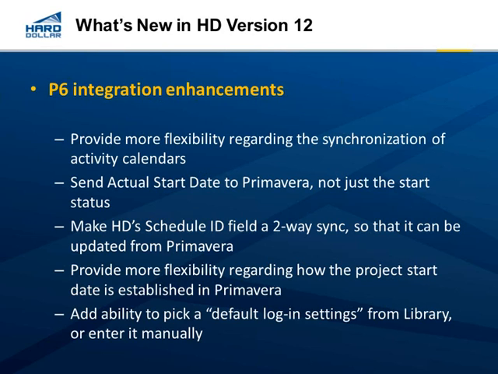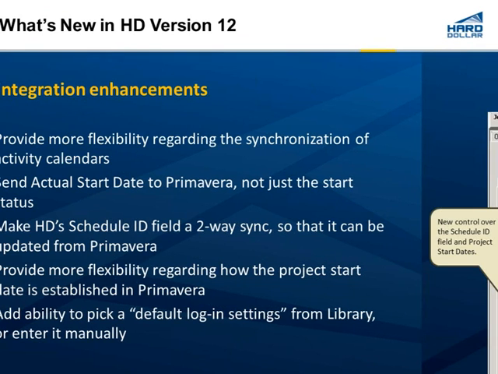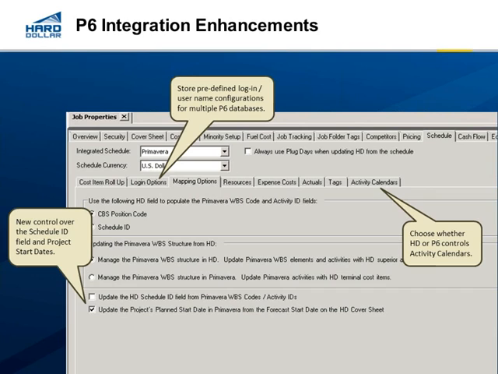So, P6 integration enhancements. Some that are not noted, that people are probably curious about: it supports 8.2. There's the ability to not send. Actually, I'll just go to the next screen here. It's easier to talk to. So looking at that far right tab, the activity calendars coming from version 11, we would create a schedule in Primavera, the bid build calendar.